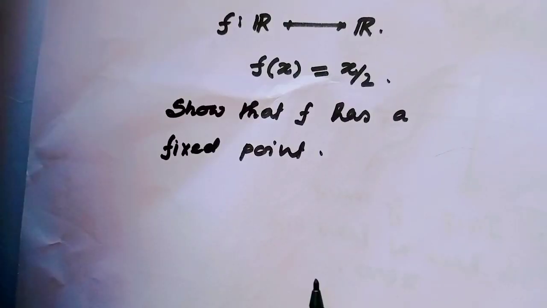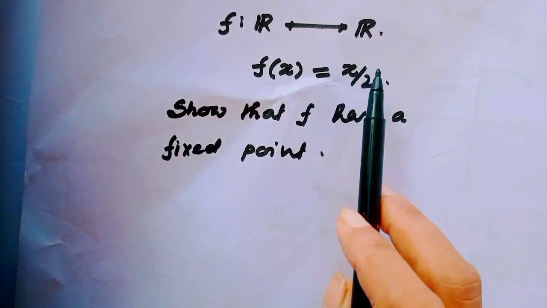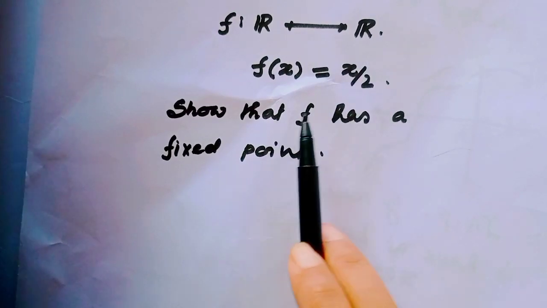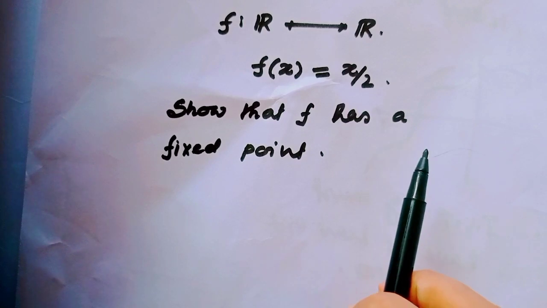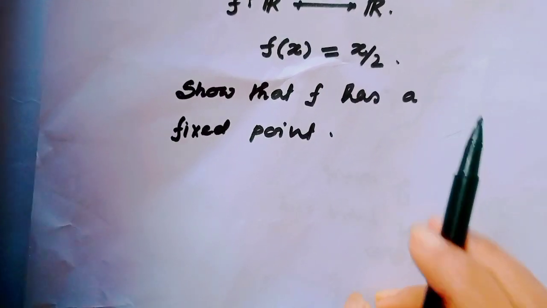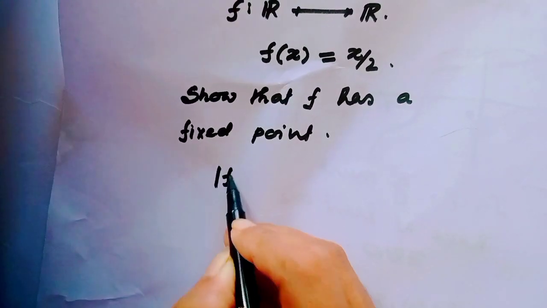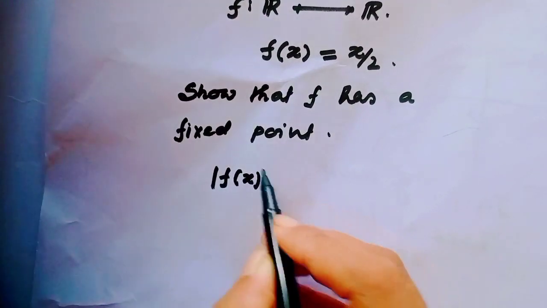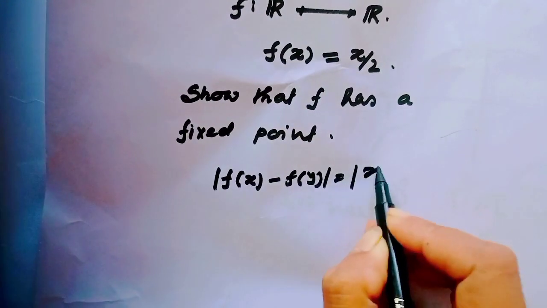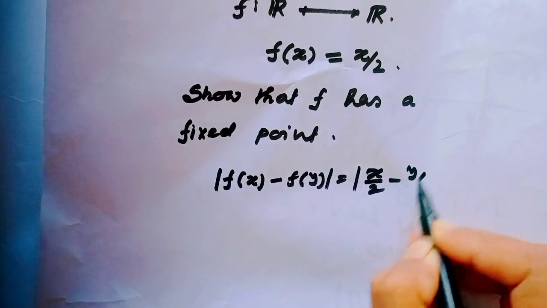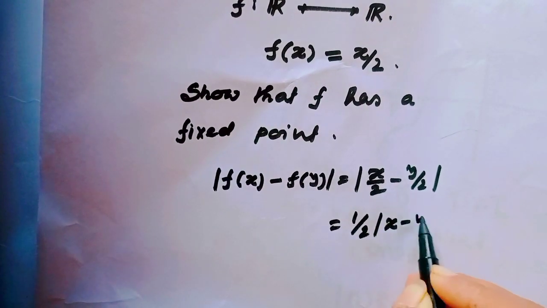Okay, let's see some examples. Let f be a function from R to R with f(x) equal to x over 2. Show that f has a fixed point. Let's see the question. Here the absolute value of f(x) minus f(y) equals modulus of x over 2 minus y over 2, which is equal to half the modulus of x minus y.